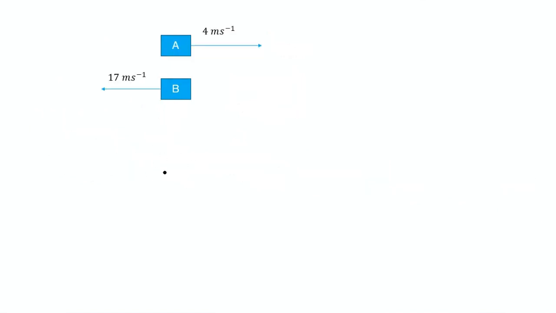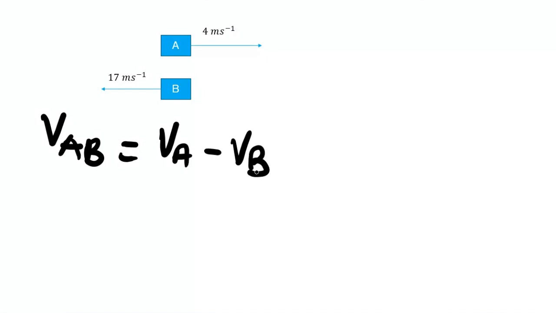Look at this case. Let's say the velocity of A relative to B is going to be VA minus VB as usual. But look at something. The guy we are referring to is moving like this, which is 4 minus. But actually, this guy is already moving in the opposite direction.